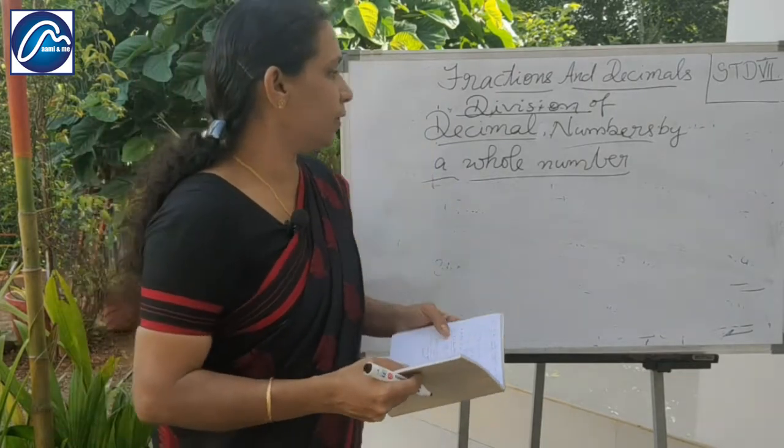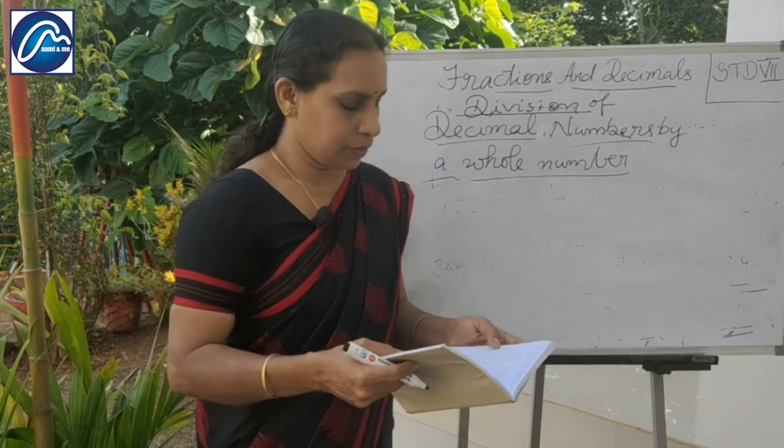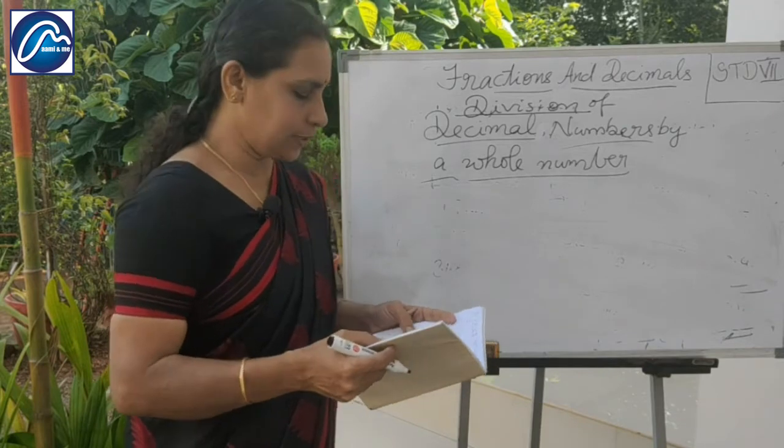Division of a decimal number by a whole number. Let us look at an example. 6.4 divided by 2.